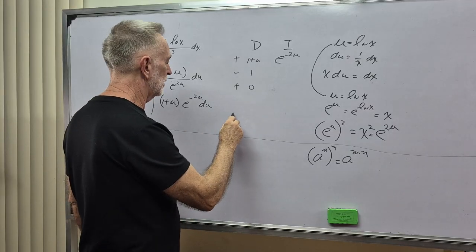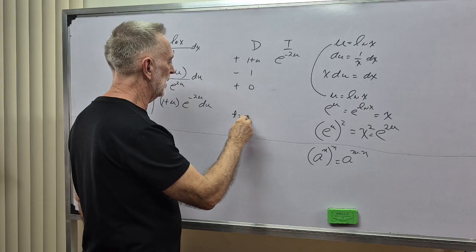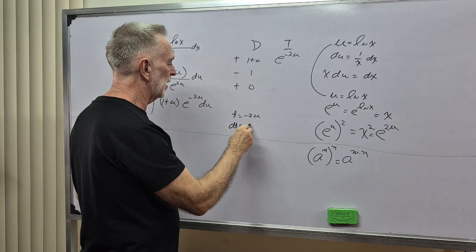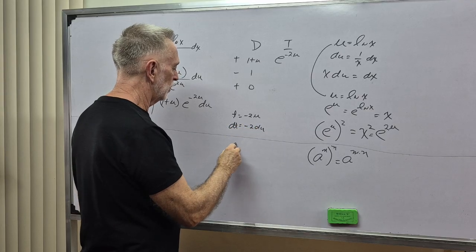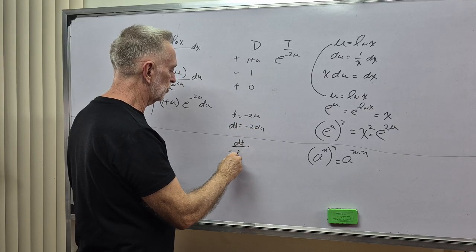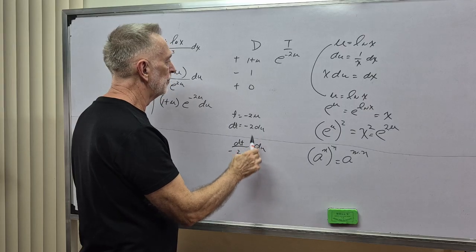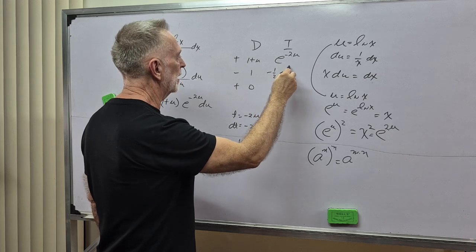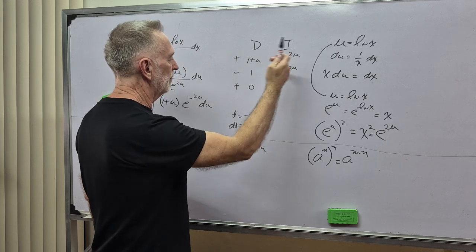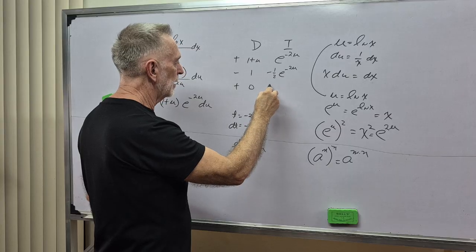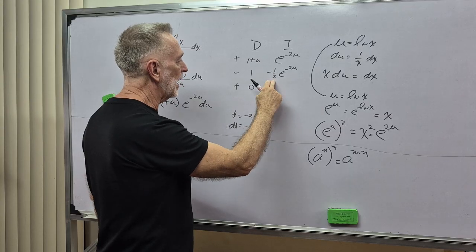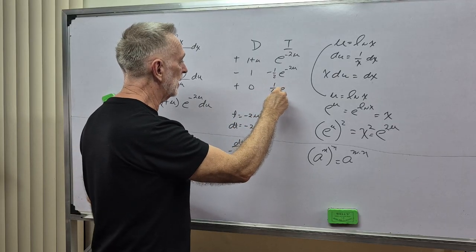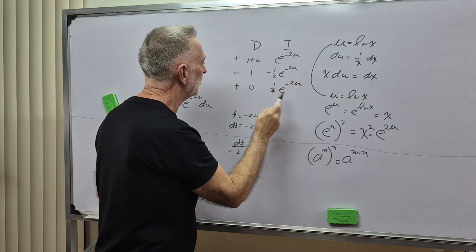So if, let's see, t equals minus 2u, then I would have dt equals minus 2 du, or dt over minus 2 equals du. So this would end up being minus 1/2 e to the minus 2u. And if I integrate that again, I get a negative 1/2 times negative 1/2, which would give me a positive 1/4 e to the minus 2u.